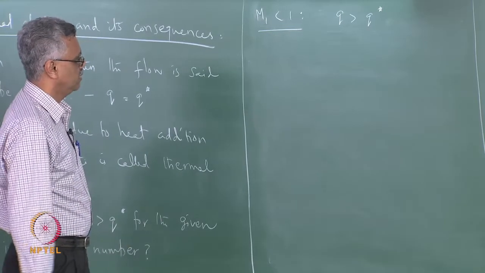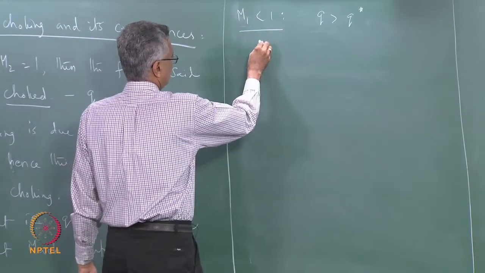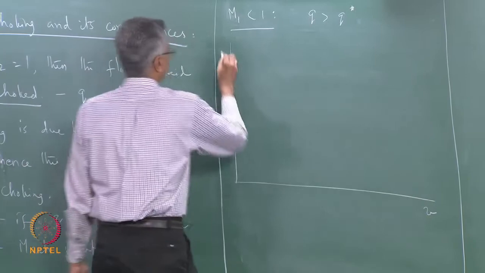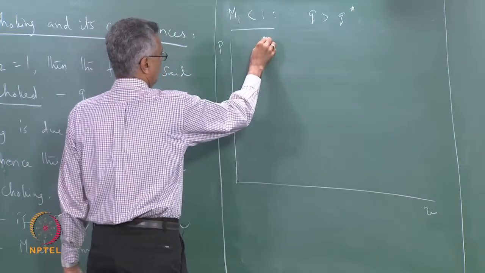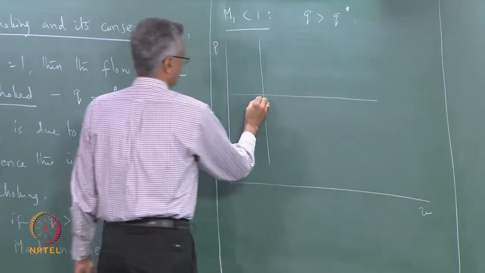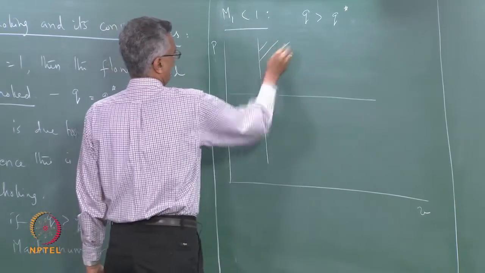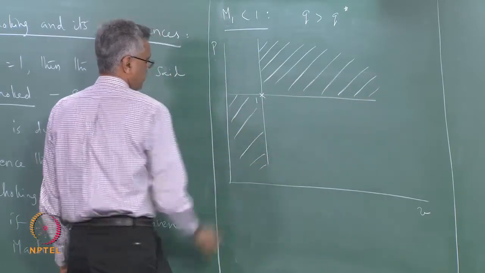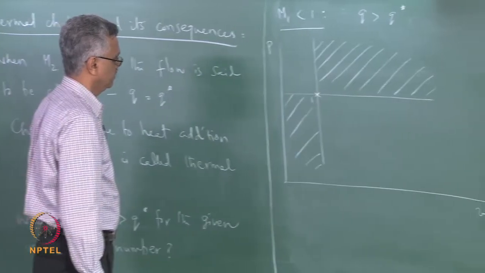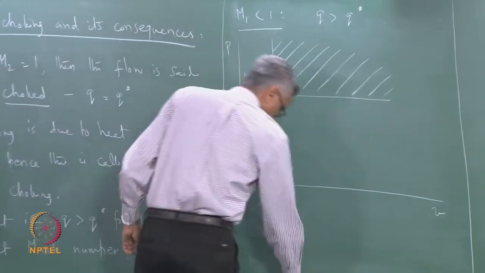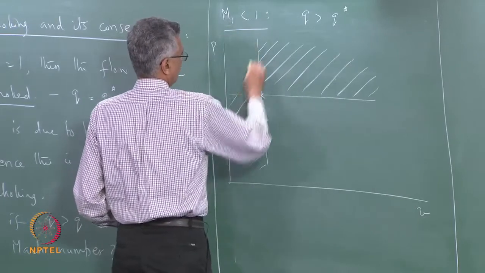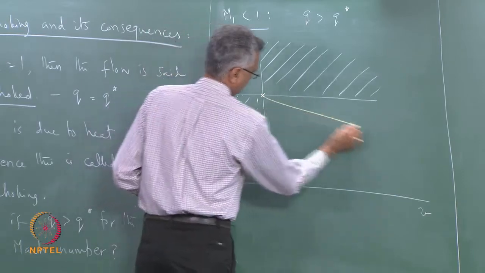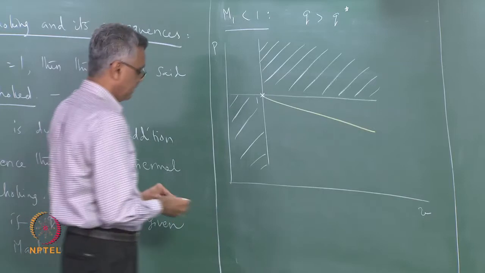Let us start with the PV diagram and see if we can answer this question somewhat easily there. So this is our PV diagram, and let me say that this is my state 1. These states are not allowed. Let us say this is my Rayleigh line.